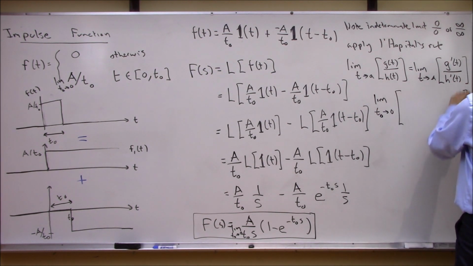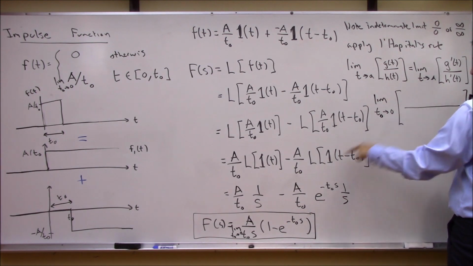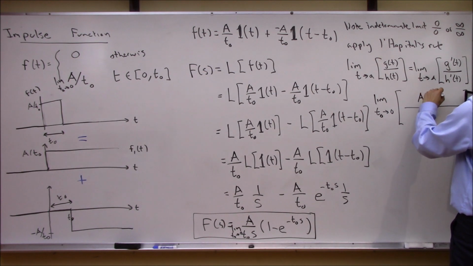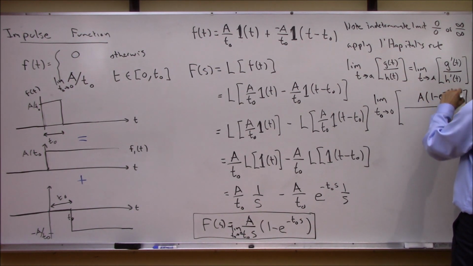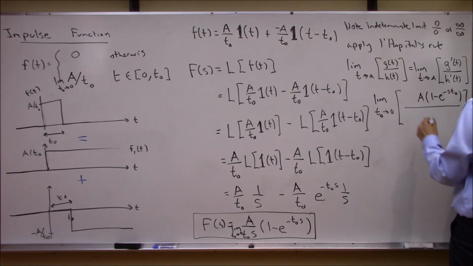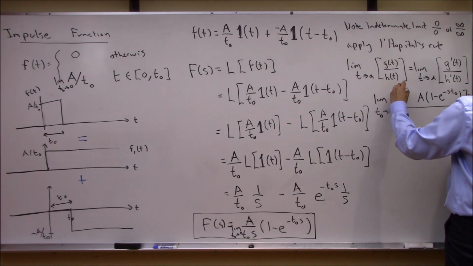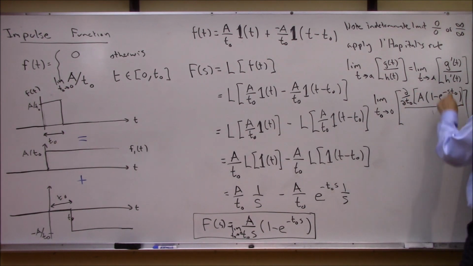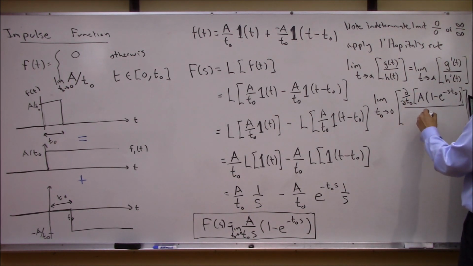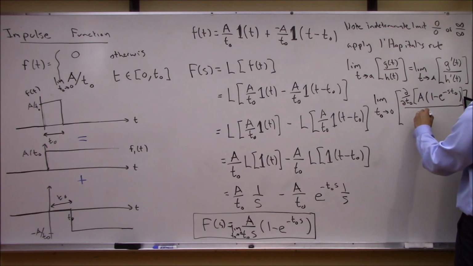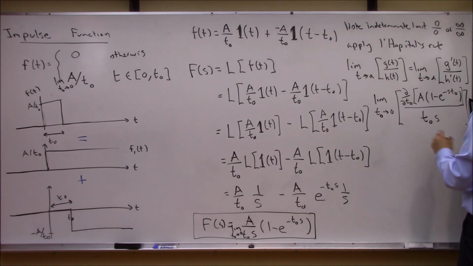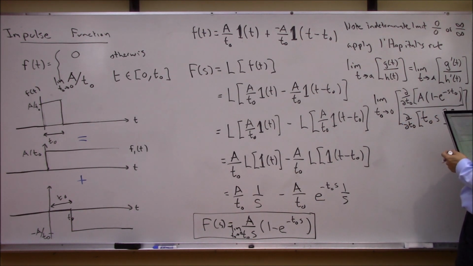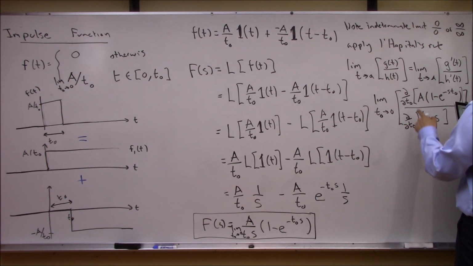The numerator is a times 1 minus e to the minus s t0. So t0 is our independent variable, and I need to take the partial of this with respect to t0. That's this first term, g prime. And the denominator is t0 times s. Again, I take the partial of this with respect to t0, which is my independent variable.